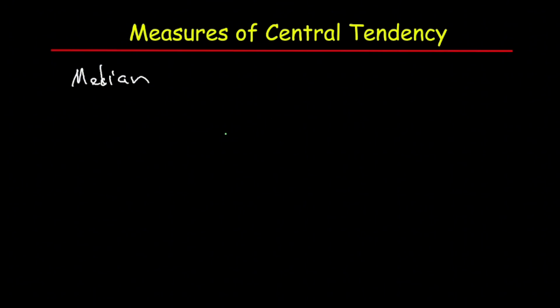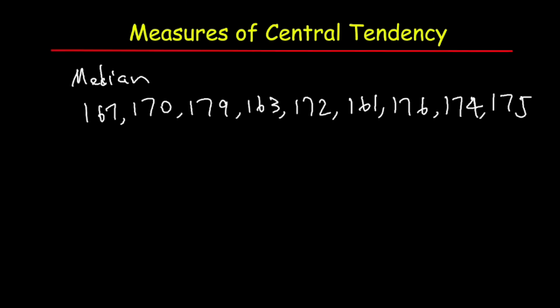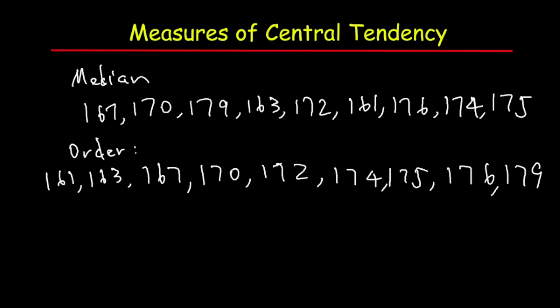So let's say we have that exact same data set from before. First of all, we want to make sure that this is ordered, so I'm going to order this from smallest to largest. Then the median is just going to take the middle value.